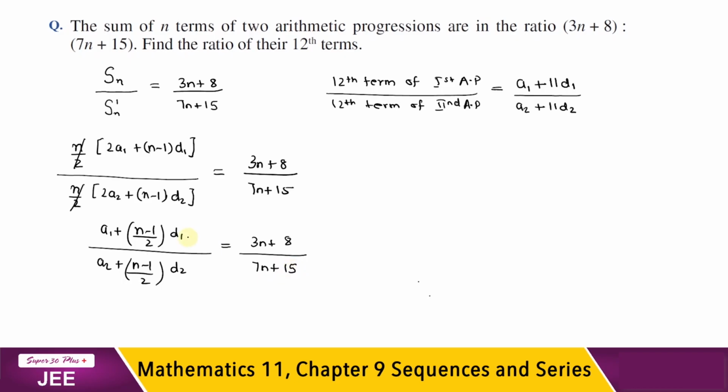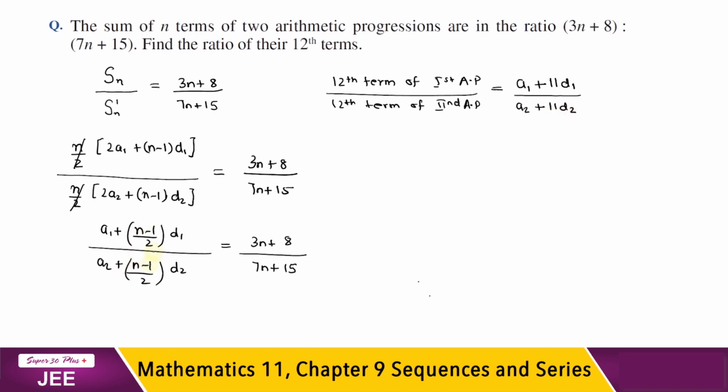Alright, I have divided the denominator as well as the numerator by 2. So far so good. Now see that we are required to find out the ratio of these two terms, that is a1 plus 11d1 divided by a2 plus 11d2.